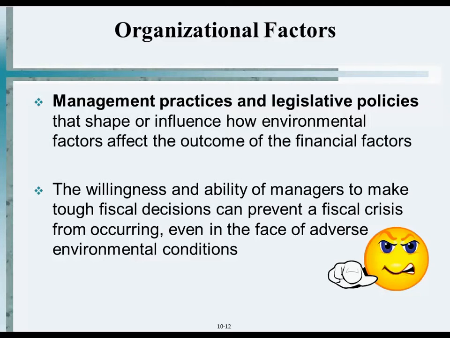Decisions on what? Funding pensions. Decisions on what else? Investing in capital assets. Decisions on raising debt. Decisions on undertaking maintenance, for instance. So these are management decisions, but these are important decisions, because if they're not properly made, somebody will have to pay that cost in the future.